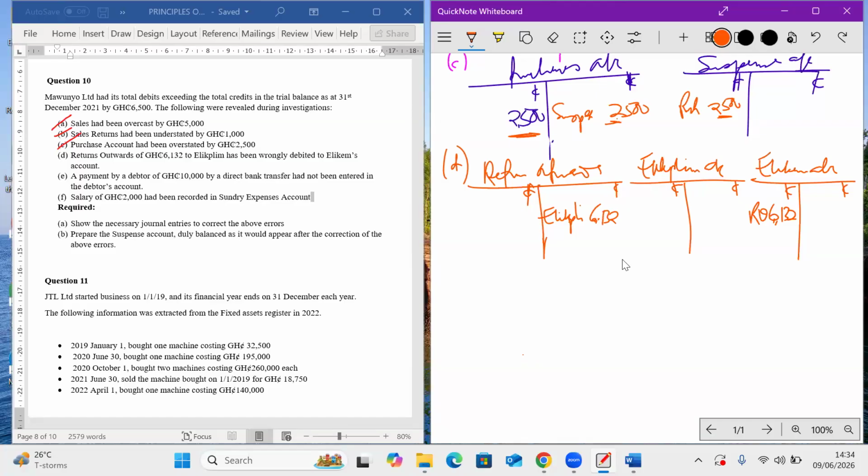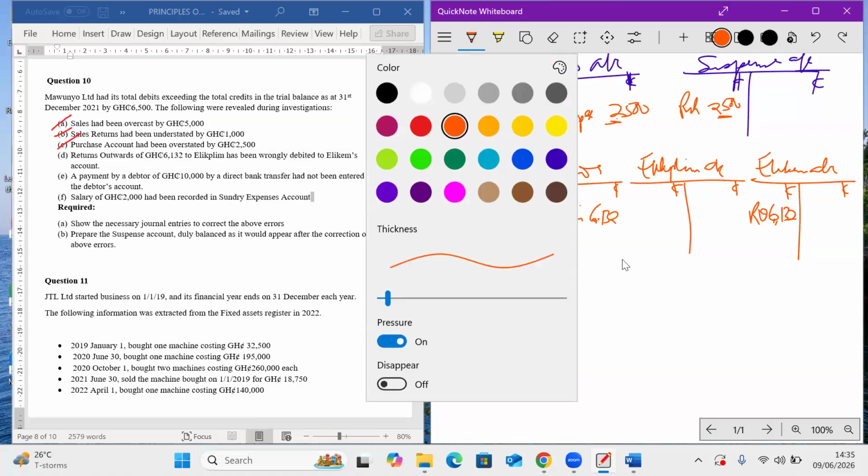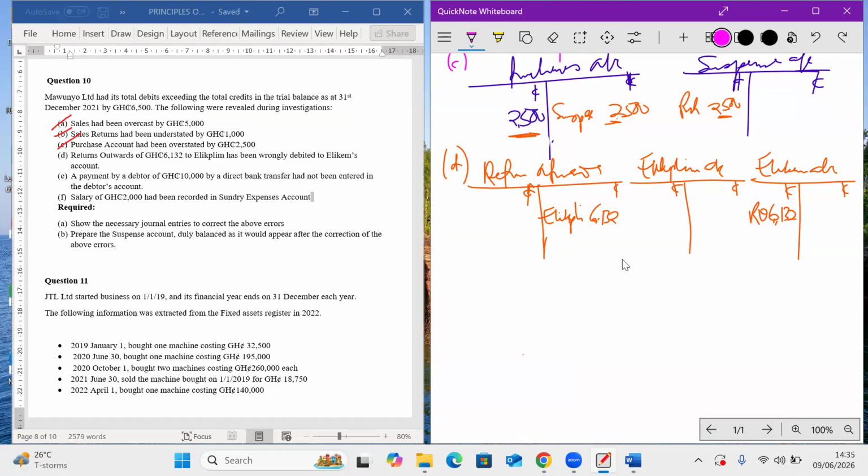Elichem's account has an error because the money shouldn't be there and it is rather there. Are you good? So the 3 accounts, which one of them is correct? Return outwards. We don't have an issue with it. It's correct. Those with the issues are the ones we are going to deal with.